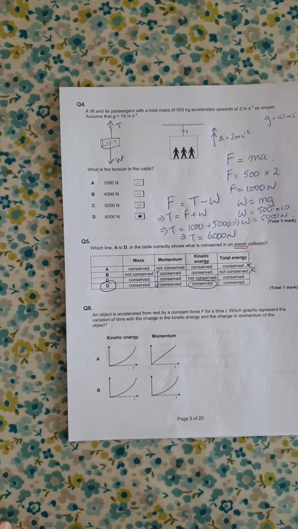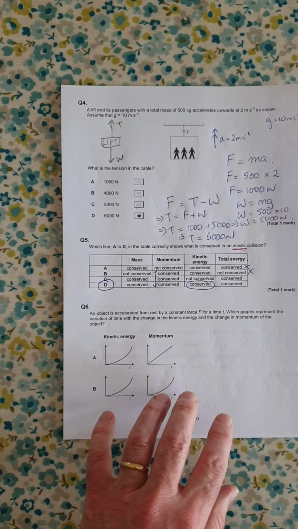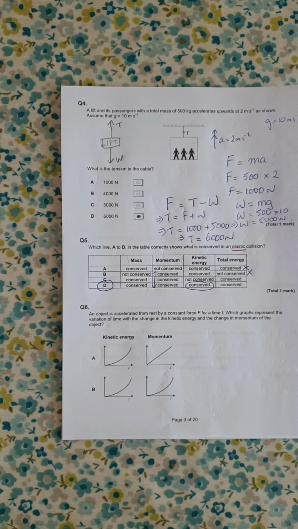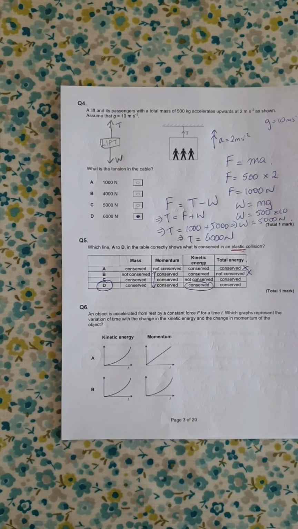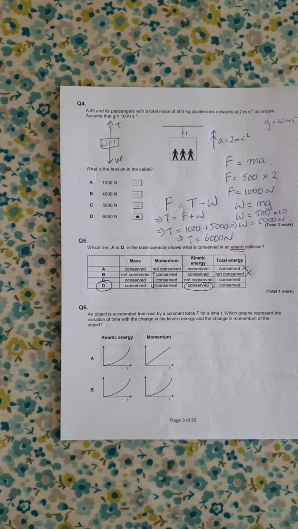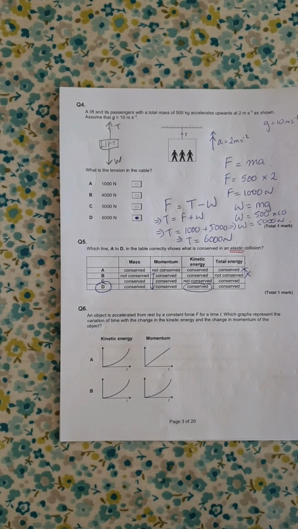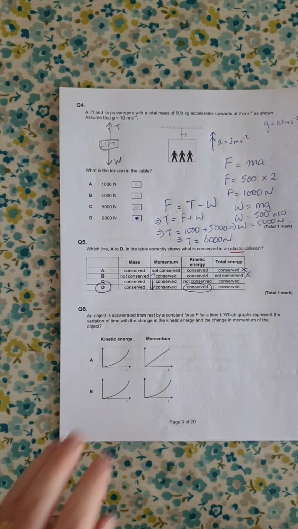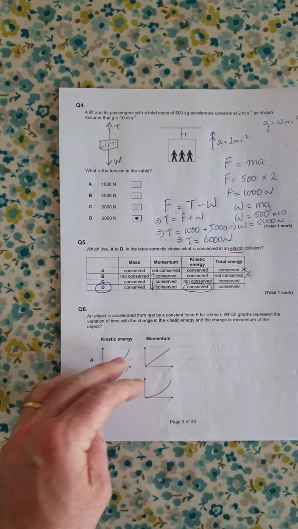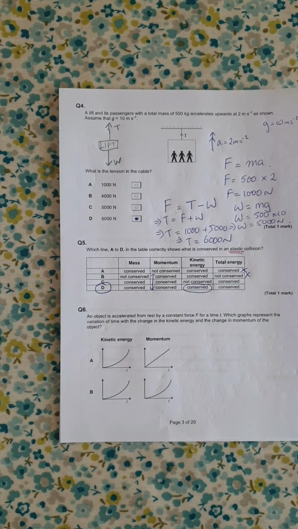Now the next question, it's looking at really at establishing our understanding of how expressions or equations relate to the graphical representation of the function. So we're looking at graphs of kinetic energy and momentum against time.